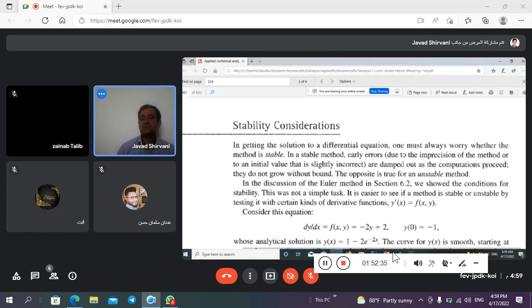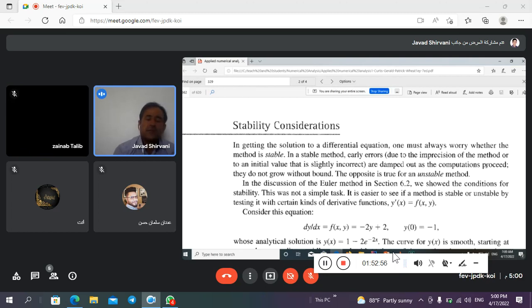The opposite is true for an unstable method. When the errors grow or increase without bound, in this case, the algorithm or the approach is unstable.